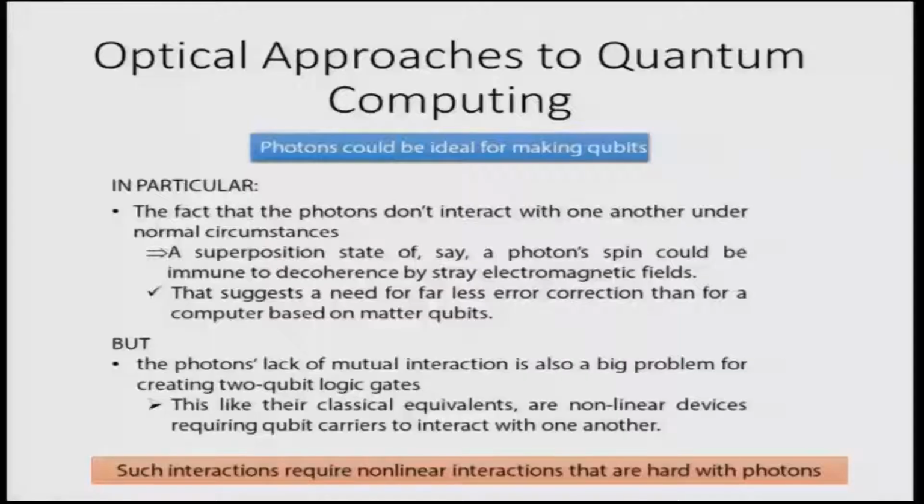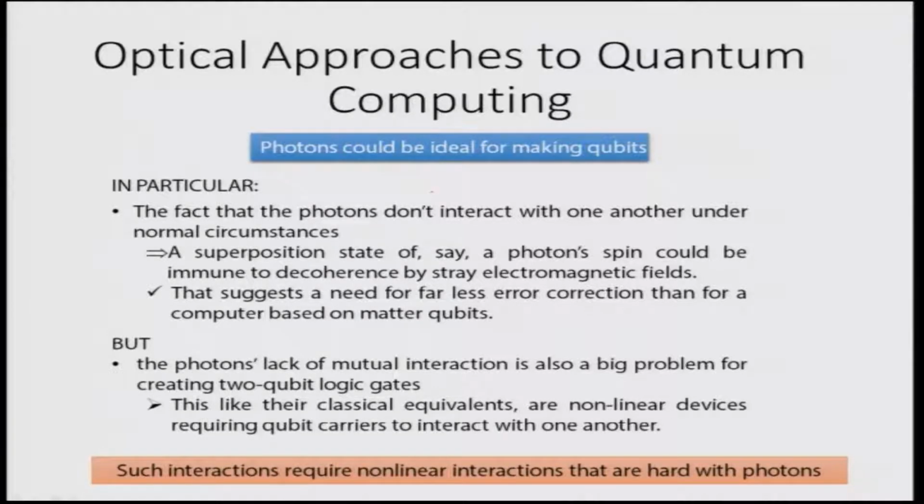Some of it you have already seen earlier, and here we are going to focus on the optical approaches to quantum computing. In some sense, photons could be ideal for making qubits. There are two essential points to remember: one is the spin and the other is the photons.